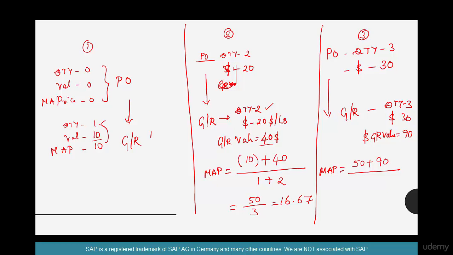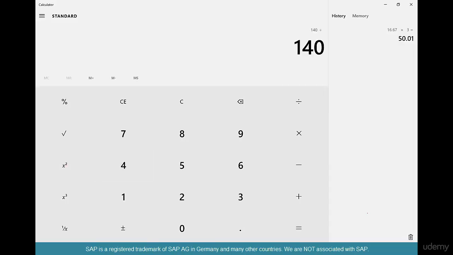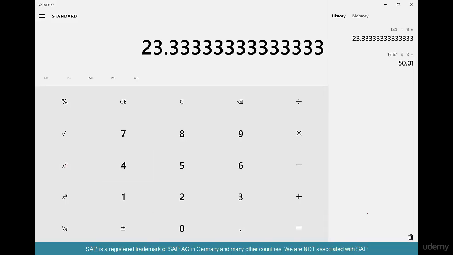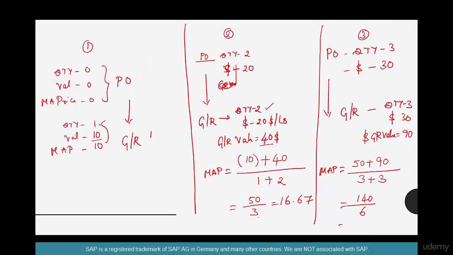Divided by the current quantity, 3, plus the GR quantity, 3. 50 plus 90 is 140 divided by 6. So 140 divided by 6 is 23.33. So that's the new moving average price, right? You can go see it in the system. It will not deviate from that value.